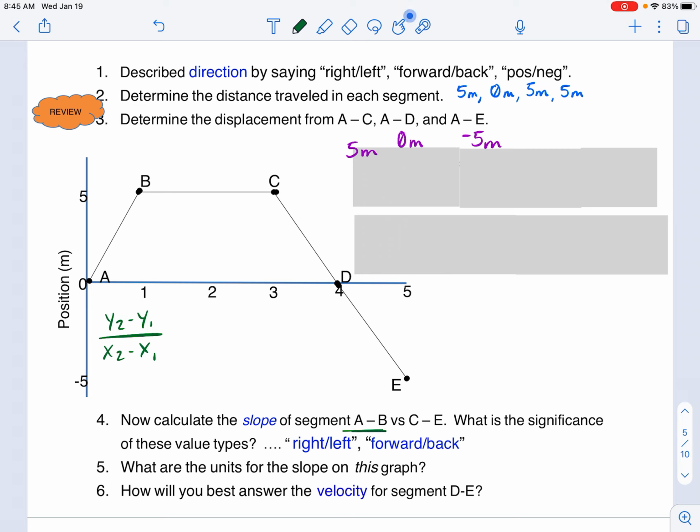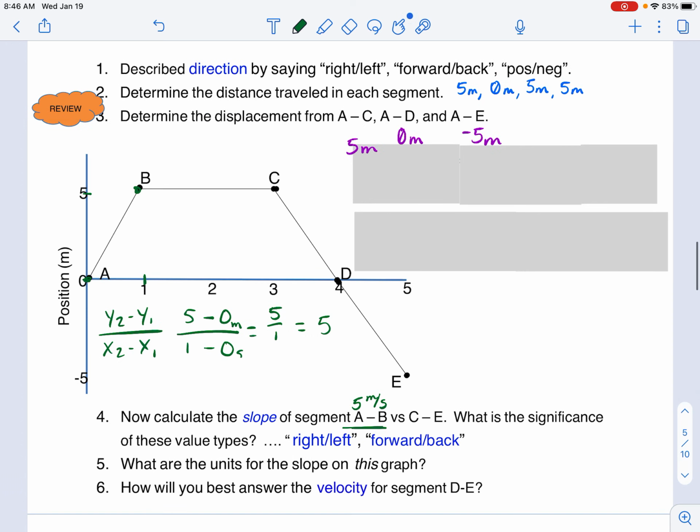So for segment AB, my y2 is 5 minus my y1 is 0 over, I ended at 1 second of time. I started at 0. So this leaves me 5 over 1. It is a positive slope. I calculated a positive value. So my slope here is a positive 5 meters per second because my rise or my y value was measured in meters and my run was measured in seconds.